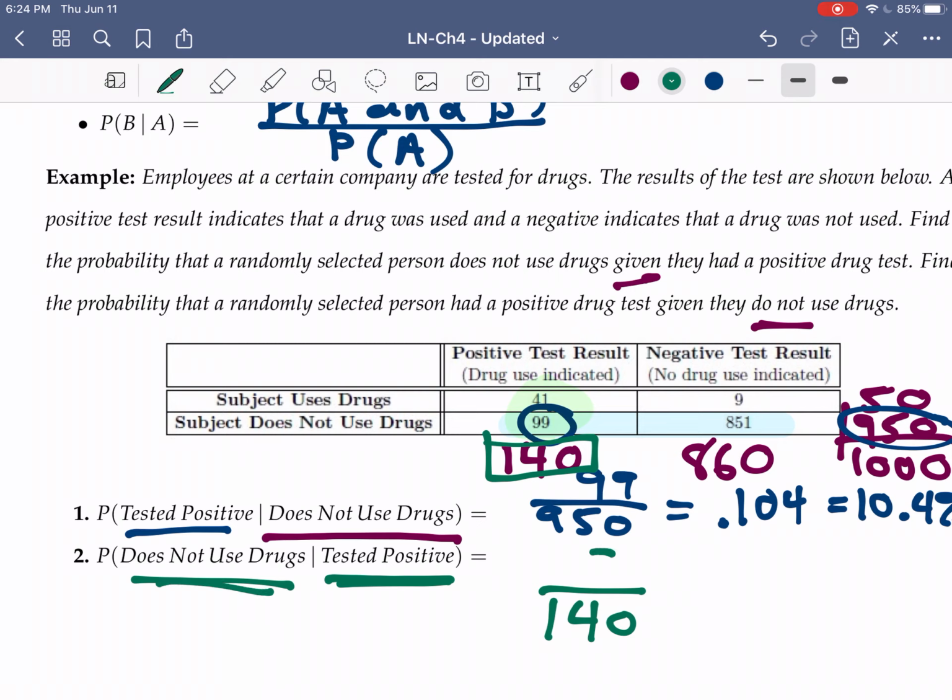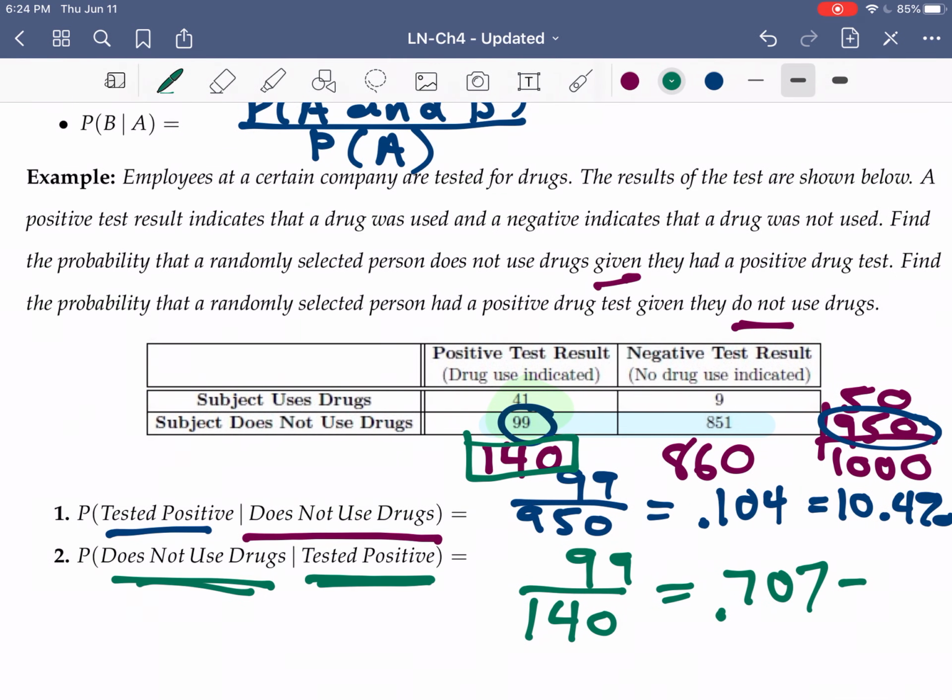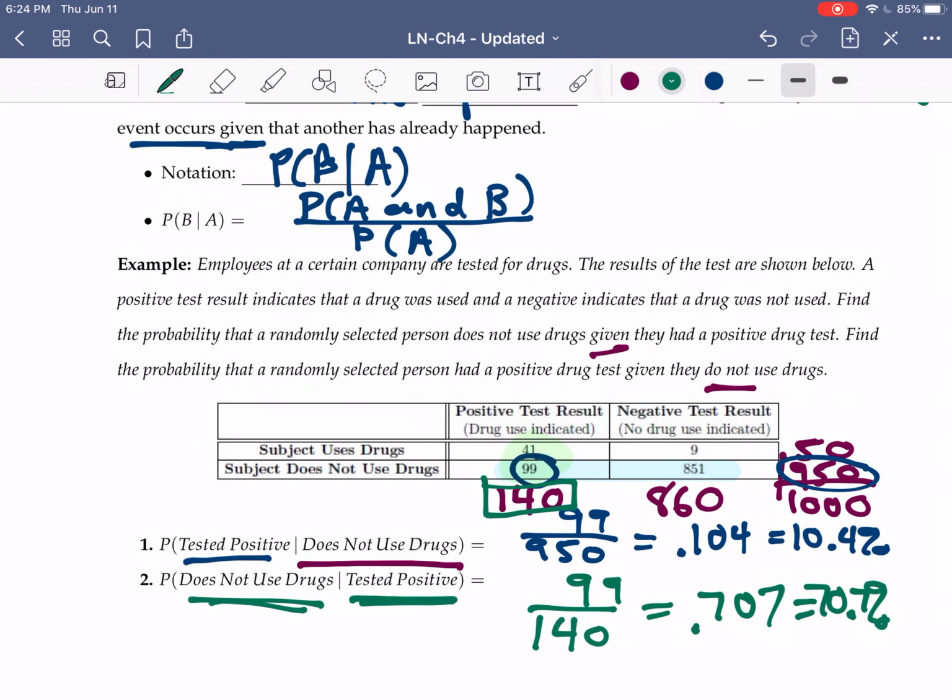It's those 99. So 99 divided by 140 gives us 0.707, which is 70.7%. Notice these two values are not the same.